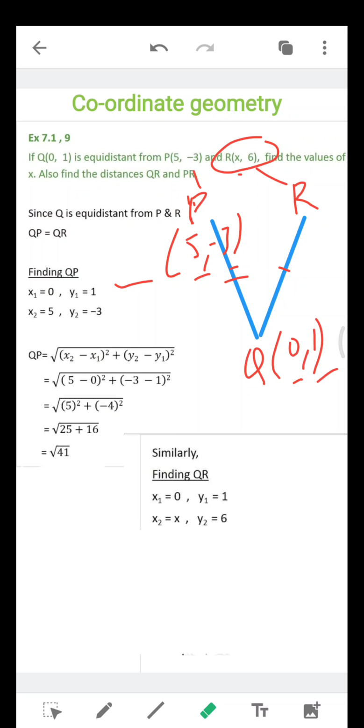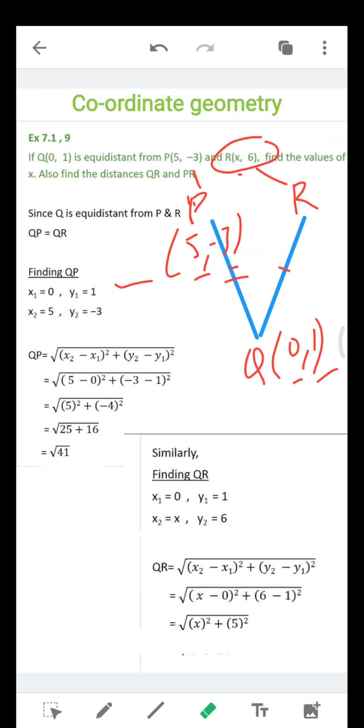Again I'll find the distance QR using the same formula. So x minus 0 whole square, x2 minus x1, and y2 minus y1 is 6 minus 1 whole square. So x minus 0 is x whole square, plus 5 square is 25. Finally we got the distance QR as root of x square plus 25.